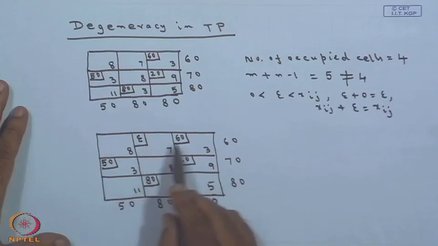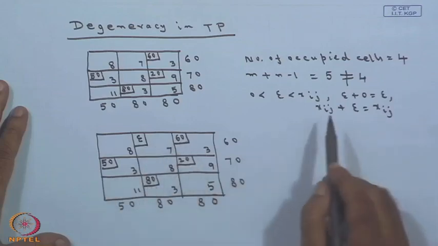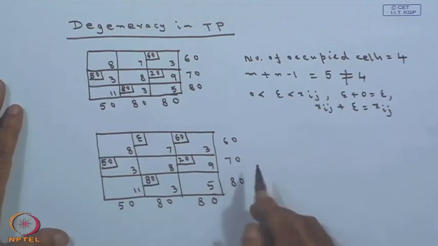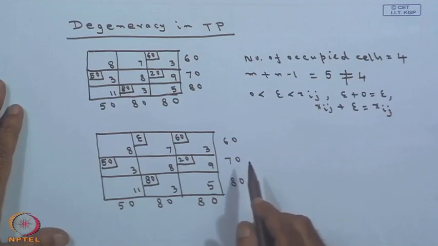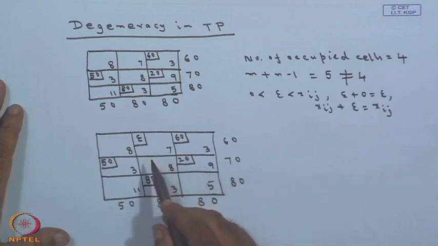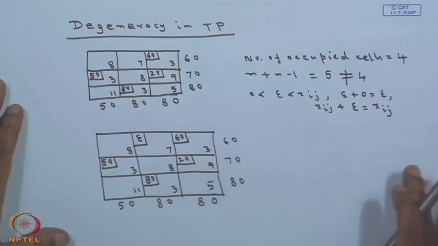Now the number of occupied cells becomes 5, which equals m plus n minus 1. So now the problem is non-degenerate. If there is degeneracy at the initial stage, by assigning a small positive quantity to one of the cells, we can make it non-degenerate.